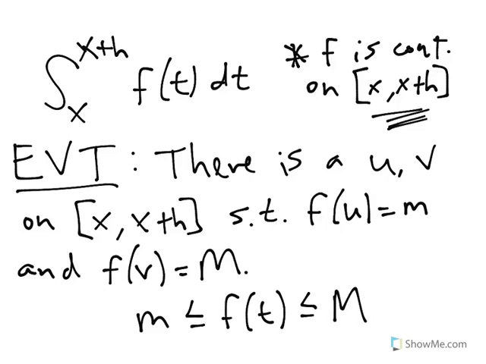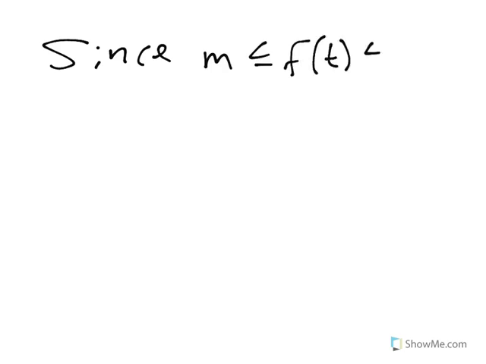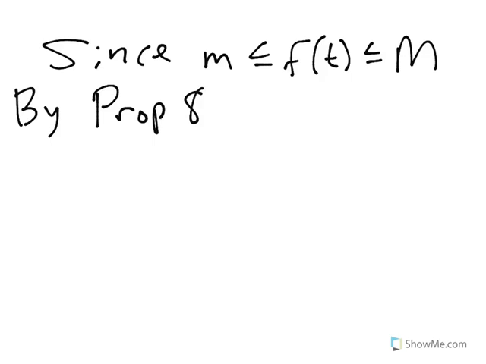Now the other result that we're going to use, and hopefully this follows pretty directly when we call it a little letter m and a capital letter M, is what we called property number 8 for integrals. The idea was that since little letter m is less than or equal to f of t, which is less than or equal to capital letter M, by property number 8 of integrals, this integral is also bounded.